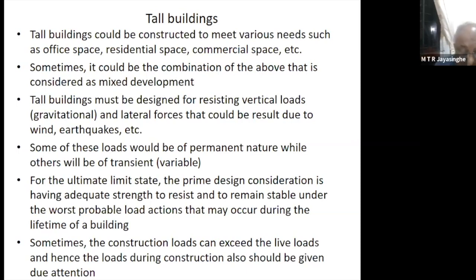So if you can minimize the thickness of a slab by using 40 megapascal or 35 megapascal concrete rather than using 25 or 30 megapascal concrete, you should always look for these options and try to use them. And to do all these things, your construction quality assurance scheme should be very good at the site.